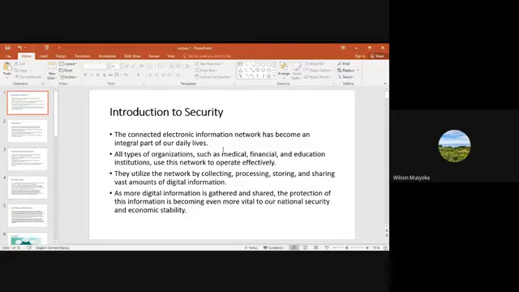Since it has become an integral part of our lives and information is being collected, processed, stored, and shared electronically, it becomes very important.